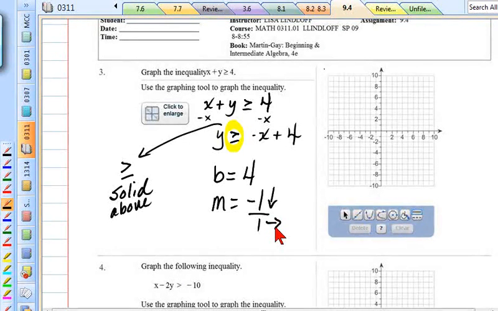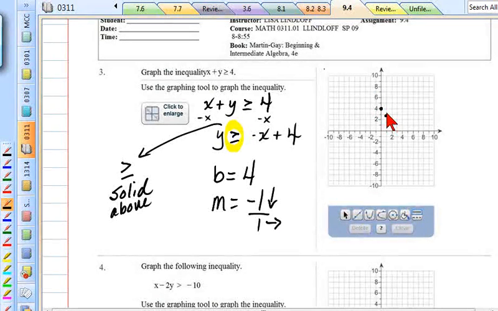So let's take a look at this grid. All right, I'm going to begin at 4. I'm going to move down 1, right 1. Use a straight edge.